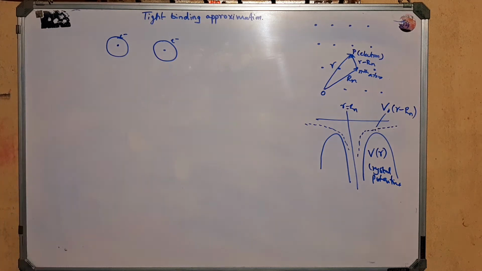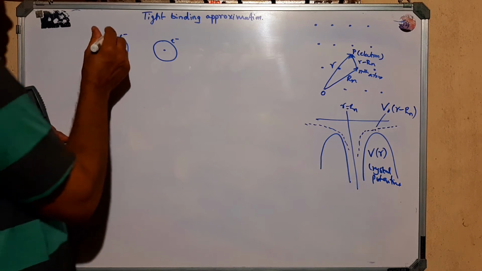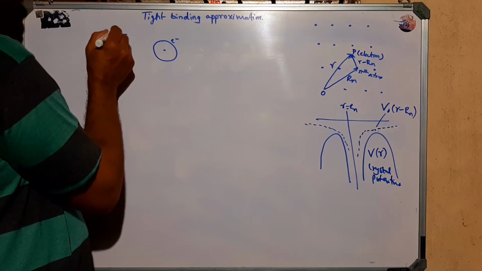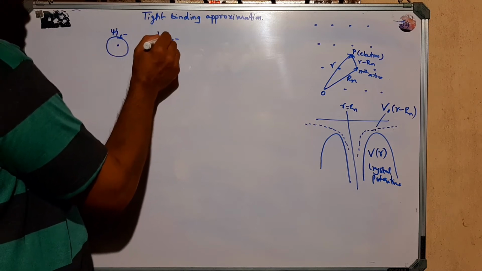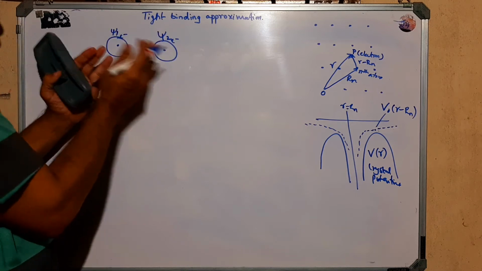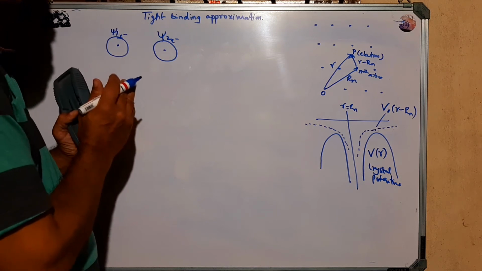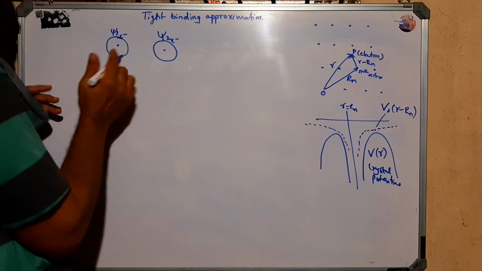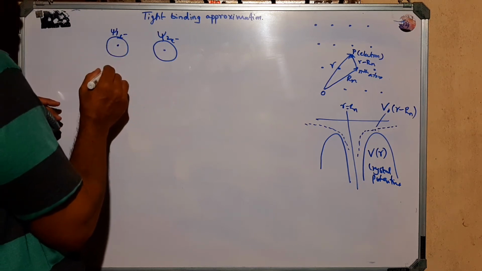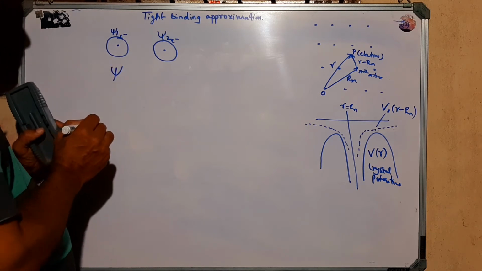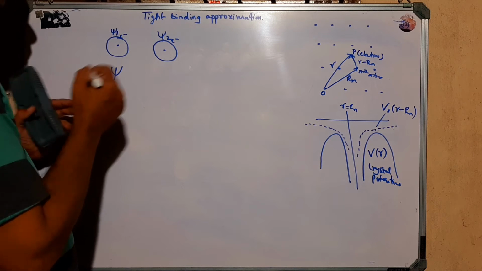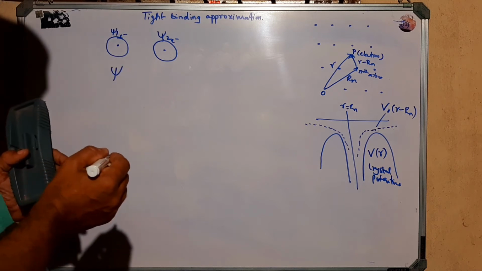So we have to consider xi1 as the wave function of this one and xi2 as the wave function of this one. When you bring them close together, we cannot speak about separate wave functions, so we consider the wave function as xi. How can you calculate this xi?